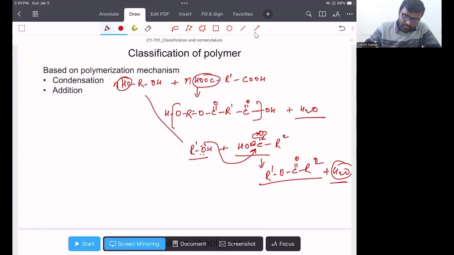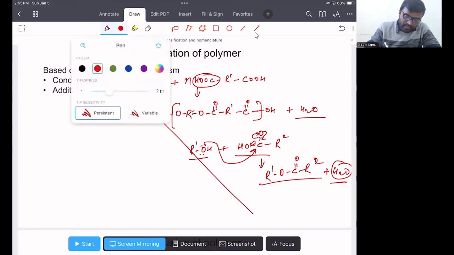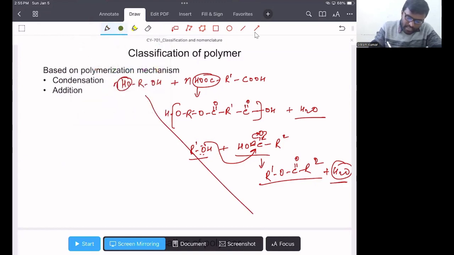And the other one is addition polymerization reactions. Take the example of styrene: if that styrene gets polymerized, we have PhCH2.